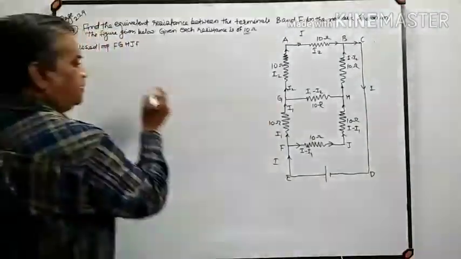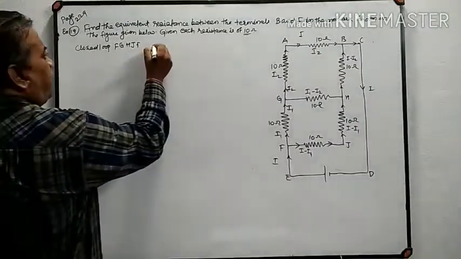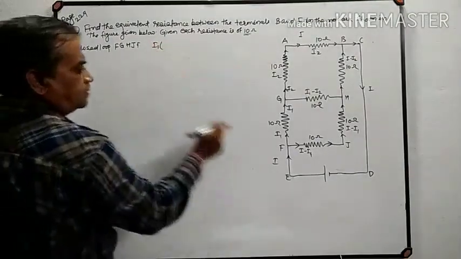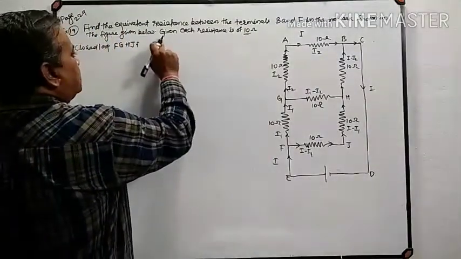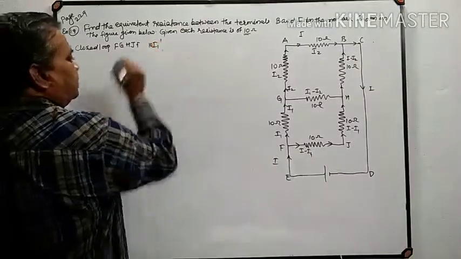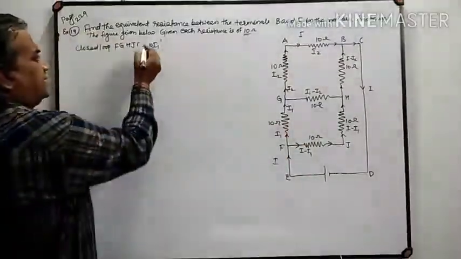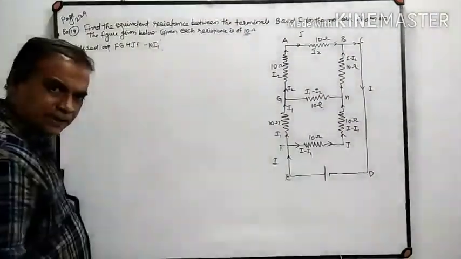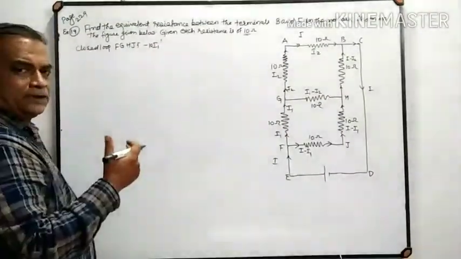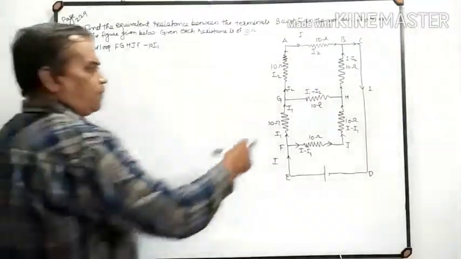Now F to G, current is I1. What is the resistance? 10. So I can write it as 10 I1. And current is flowing in the direction in which we are tracing the circuit. Therefore, it is taken with negative sign as per the sign convention of Kirchhoff's voltage law.